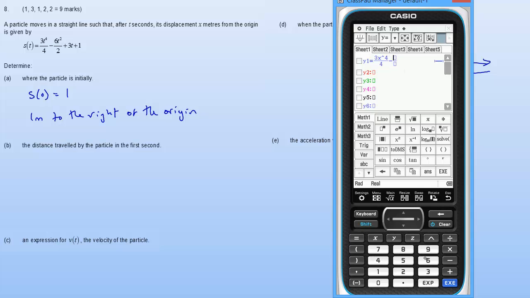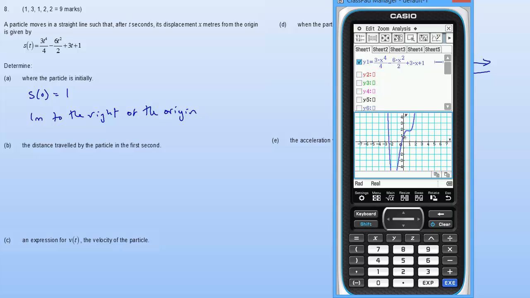So then we've got 6x, this one is squared, over 2. And then we've got plus 3x plus 1. Okay, let's graph that.